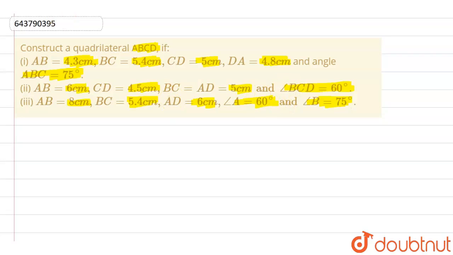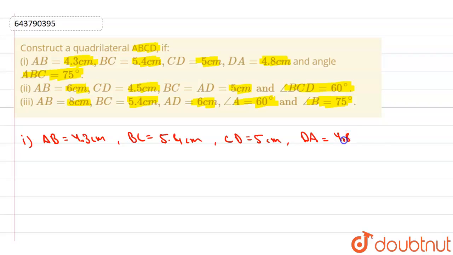So here first we construct the first, which is AB equal to 4.3 centimeter, BC is 5.4 centimeter, CD is 5 centimeter, DA is 4.8 centimeter and angle ABC is 75 degree.